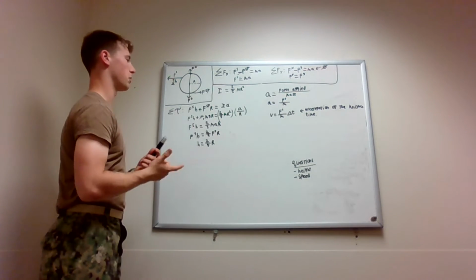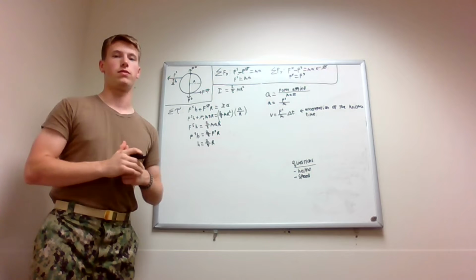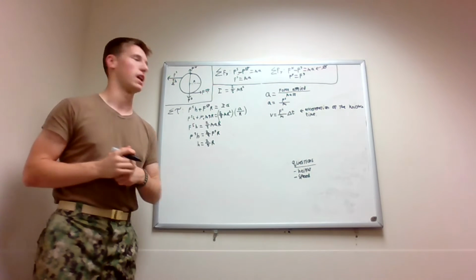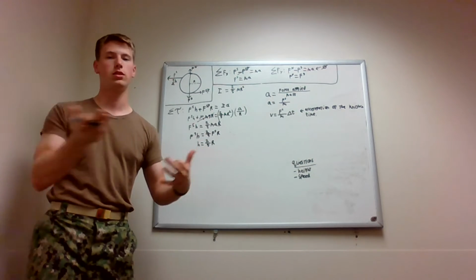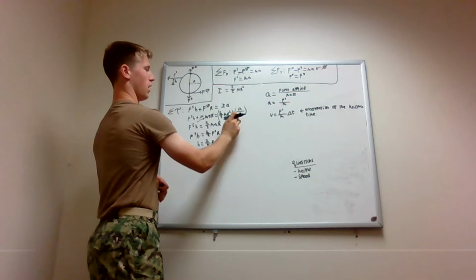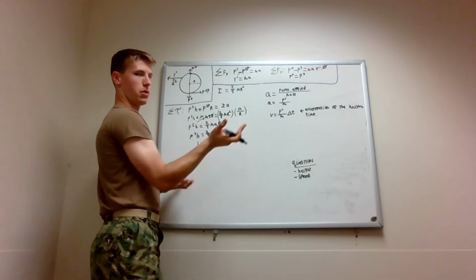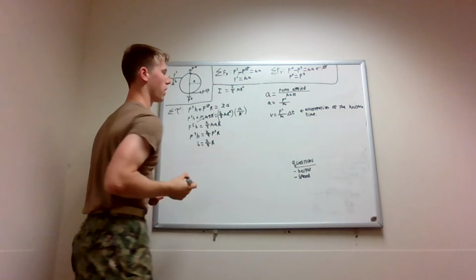What we can do from here is ignore the static friction, because at this point of contact there isn't going to be any static friction, so we can just get rid of that because we're told we can ignore it. Then right here, we have a radius squared divided by the radius, so we can get rid of a radius there and get rid of the squared.